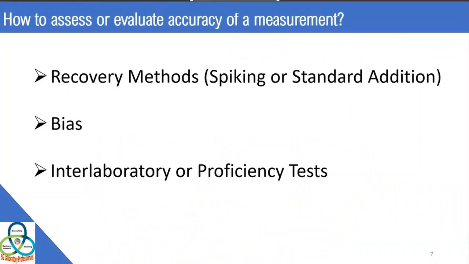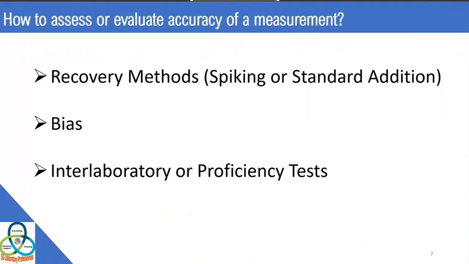But in reality, it is very difficult to achieve 100% accuracy. That means we have to measure or evaluate the accuracy of the measurement. There are three different approaches that can be used for evaluating accuracy. One is the standard addition or spiking experiment, which can be used to evaluate the recovery.